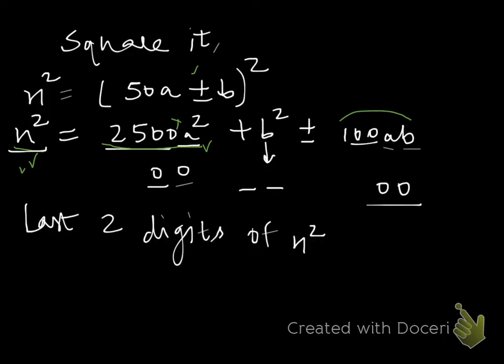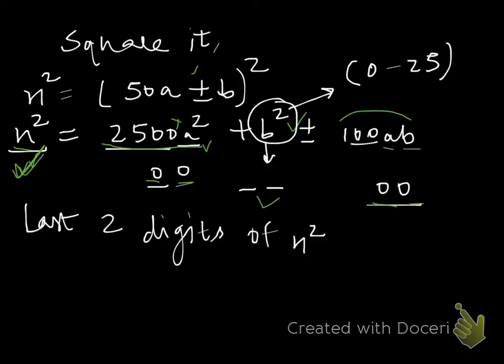The last two digits of the square of n are governed by the last two digits of the square of b, because 0, 0 and 0, 0 will add up to 0, 0, and thus the last two digits of the square of n are governed by the last two digits of the square of b. And what was the range of b? B was confined between 0 and 25.